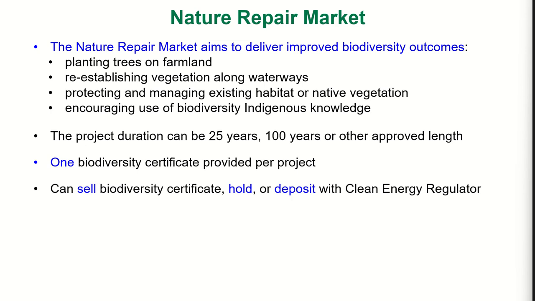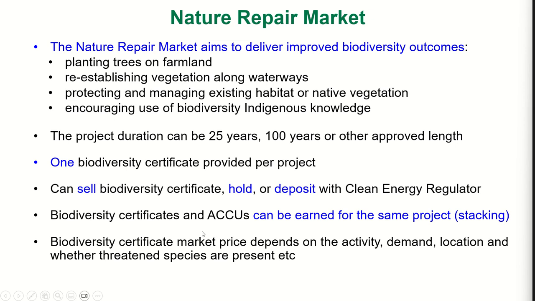Similar to the carbon market, they can be 25 or 100 years or another approved length. You get one biodiversity certificate per project, so that's a bit different to the carbon markets. You can sell the biodiversity certificate, you can hold on to it, or you can deposit it with the Clean Energy Regulator.